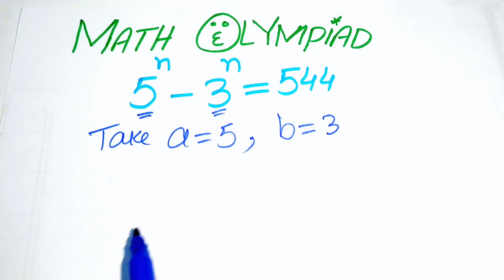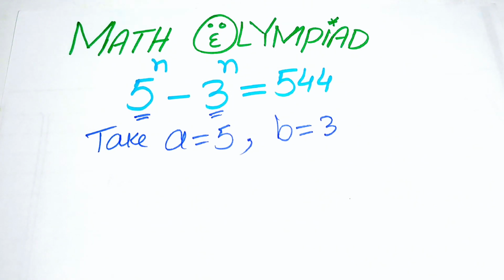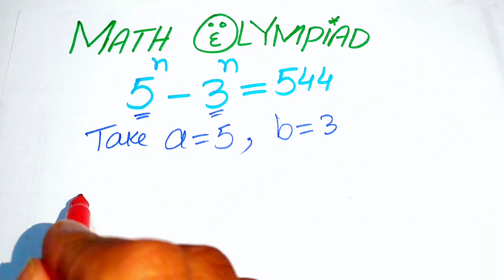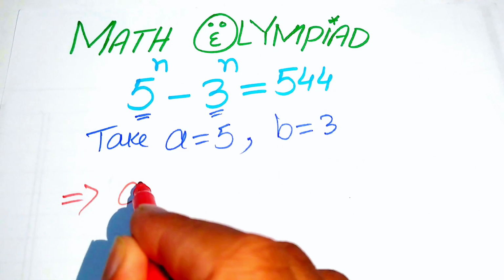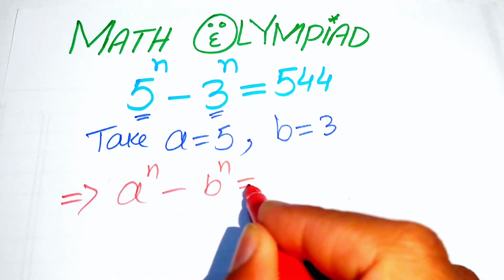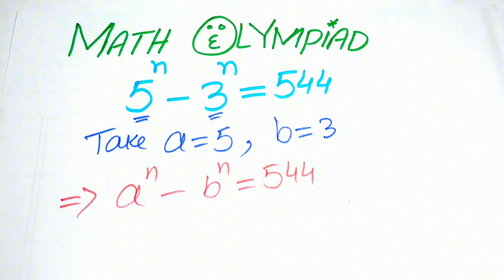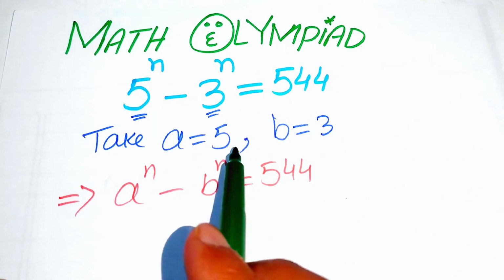After that we substitute these two values into the above equation, so it can be written as a to the power of n minus b to the power of n equals 544.